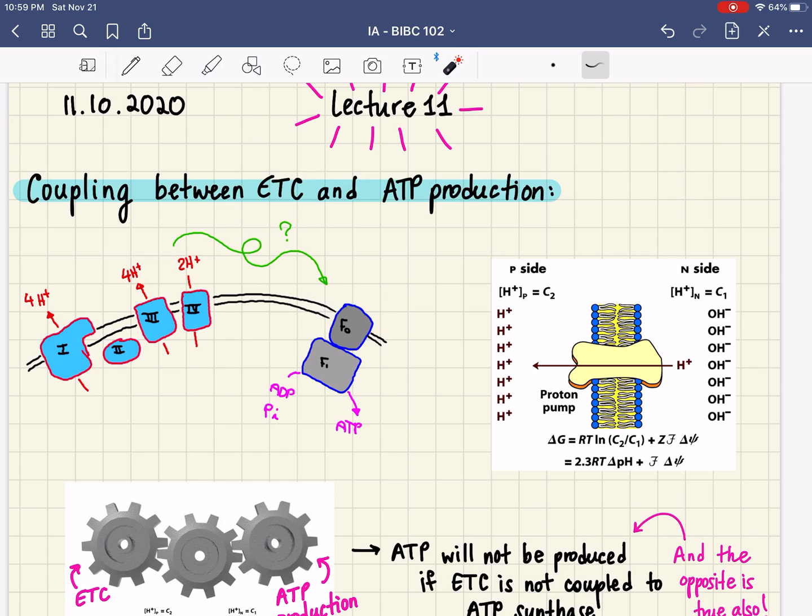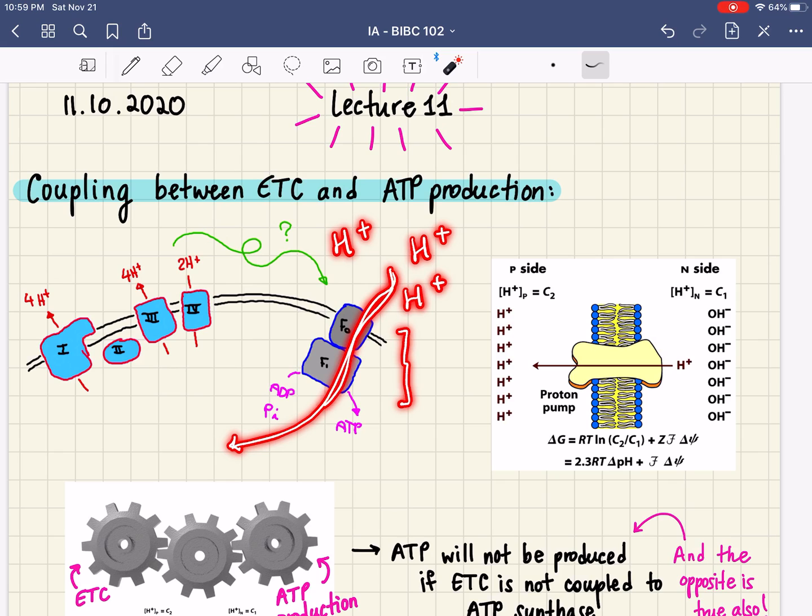What happens is ADP is phosphorylated and turned into ATP by this huge enzyme called ATP synthase, which uses a gradient of protons and their fall back into the matrix through ATP synthase.